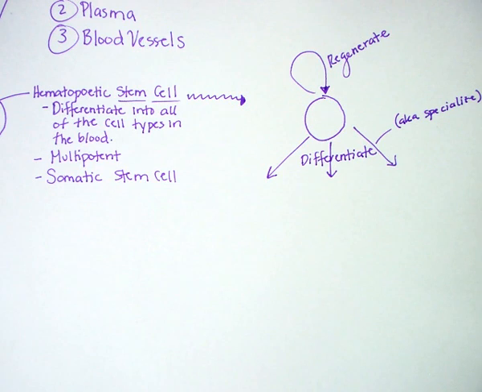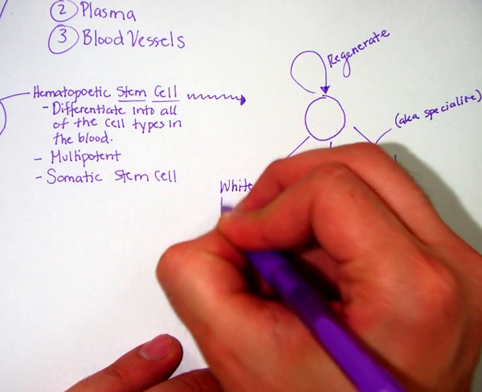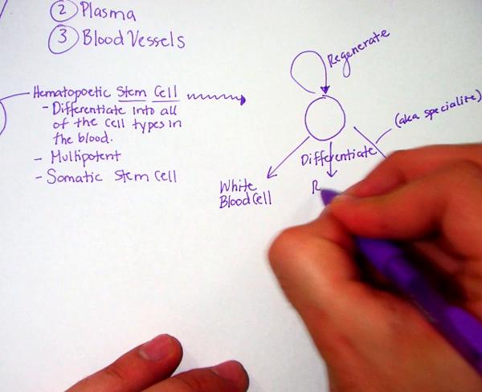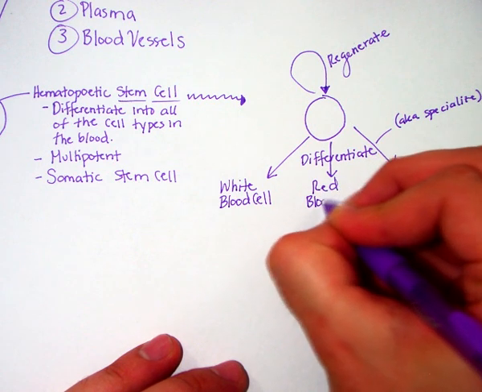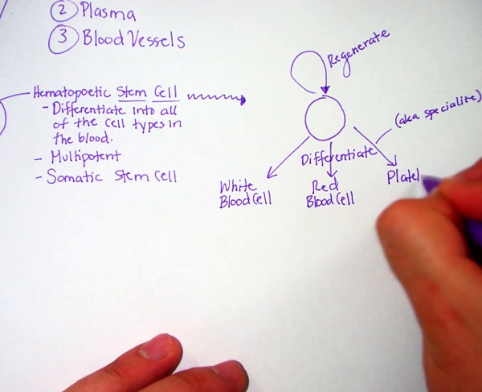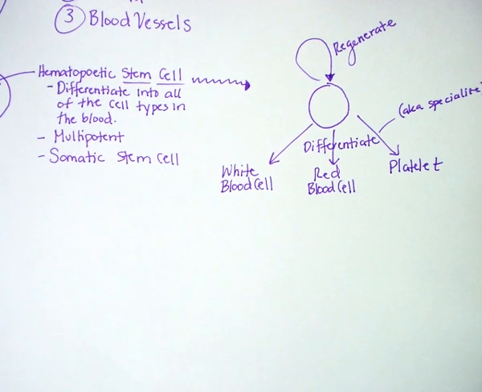And there's three things it can become. One, a white blood cell. Two, a red blood cell. And three, a platelet. All three of these cell types are derived from the hematopoietic stem cell.